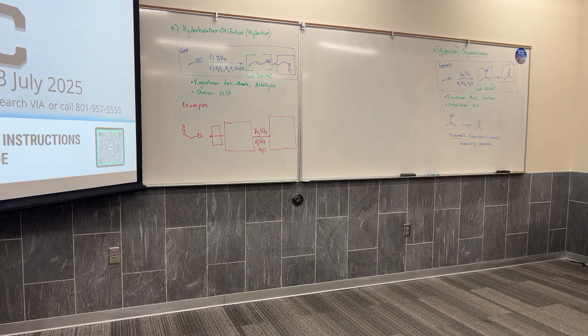Make sure you have your 1 and your 2. You're going to work backwards from the left, but you're going to work forward to the right. Does that make sense? Predict the starting material that gives you the product on the left, and it can also react with different reagents too.